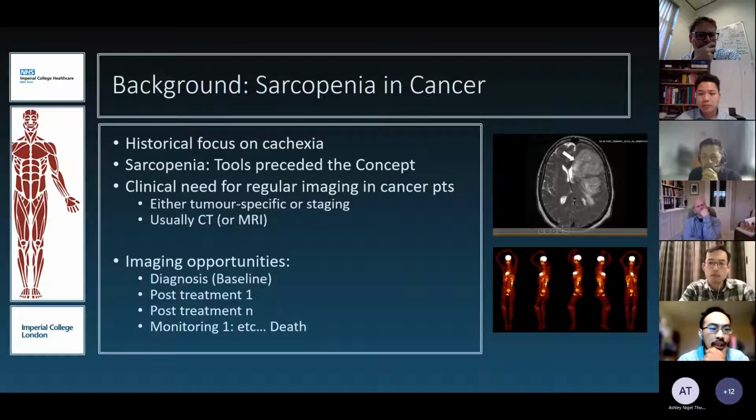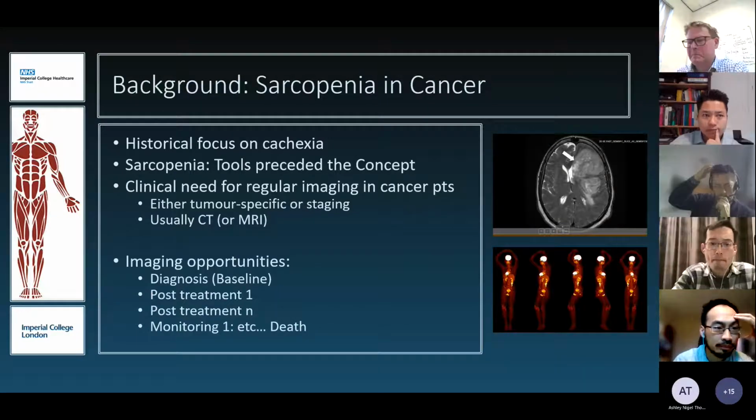And thus we're a bit late attendees to this party, but we've come where our tools have already preceded the concepts. We used to see scanning, whereas sarcopenia as a concept was further investigated with the use of DEXA and BIA in the non-oncology setting.